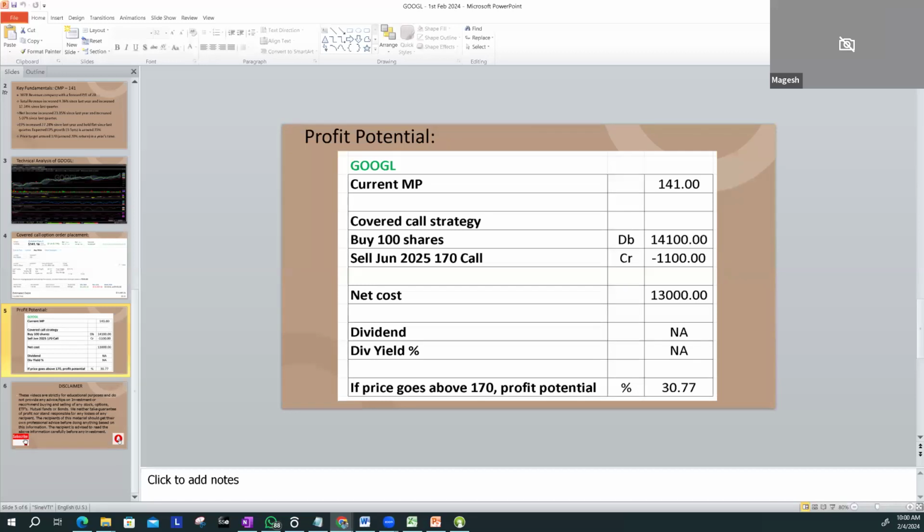A put option can be called a hedging tool, or a call spread also will limit your premium loss. So that technically is also a hedging option.